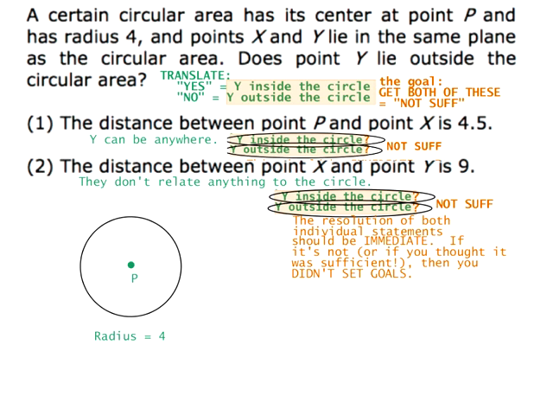And if it's not, then you didn't set goals. Because ultimately we're thinking about the relationship between Y and a circle, and the circle has to do with P. So if you don't have anything on Y, or if you don't have anything on P, then you're not getting that.